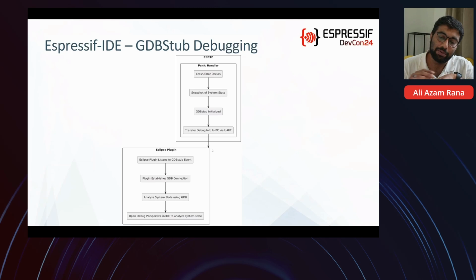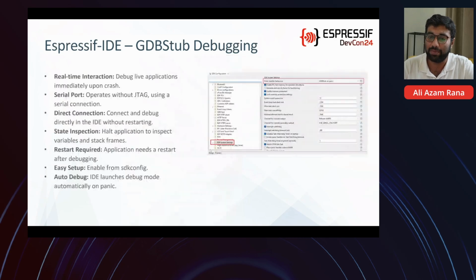The Eclipse plugin, or the Espressif IDE, comes in this way: a GDB event is posted on the serial monitor, and when that event is posted, it will create a GDB connection with the device and let you analyze everything that has gone wrong in the postmortem. Basically, it will let you interact with the chip in panic mode.